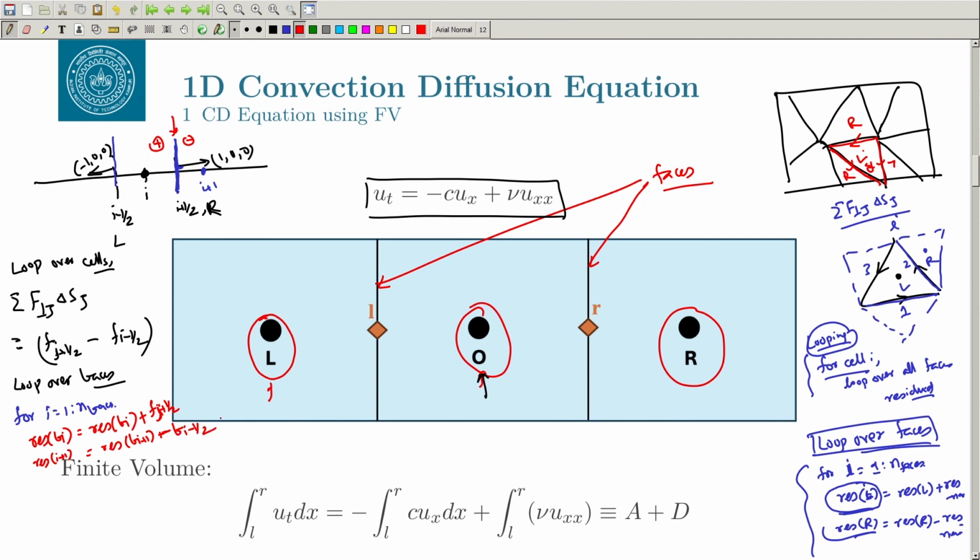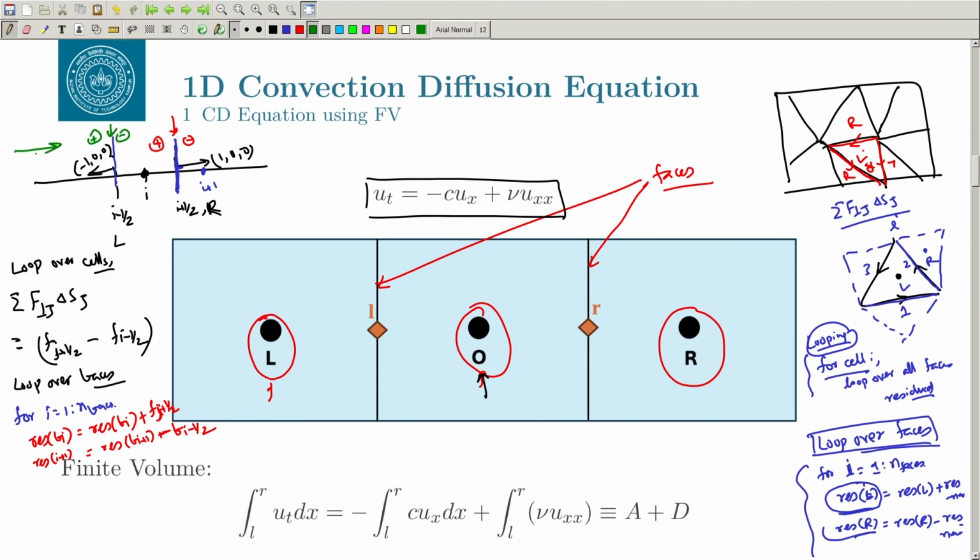Similarly, if you go to this particular cell which is the left of the i cell, this becomes negative for the i cell and positive for the left cell of this, right. So, everywhere you see that if you are following a direction, it is basically adding to the left cell and subtracting from the right cell.